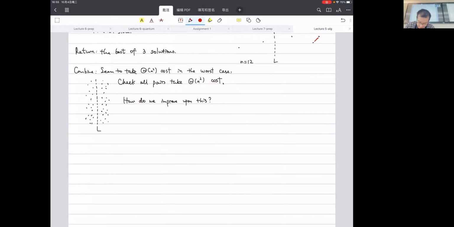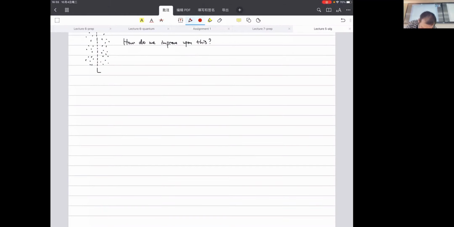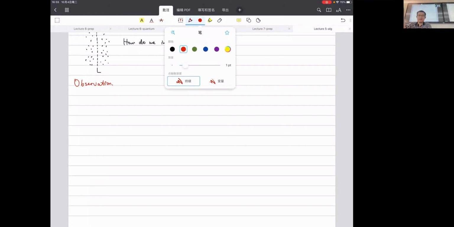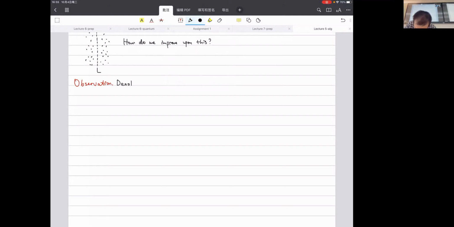So next we are going to make an observation here. Let's denote delta to be the minimum of the two recursive calls in division.